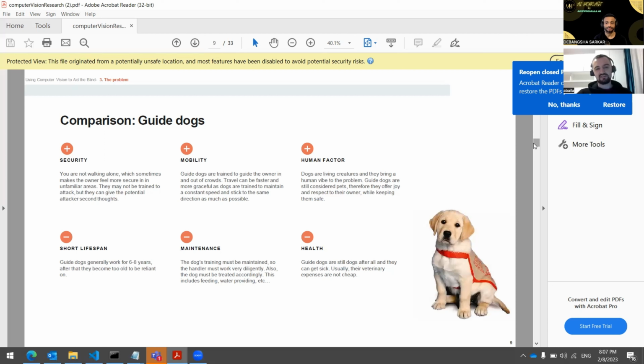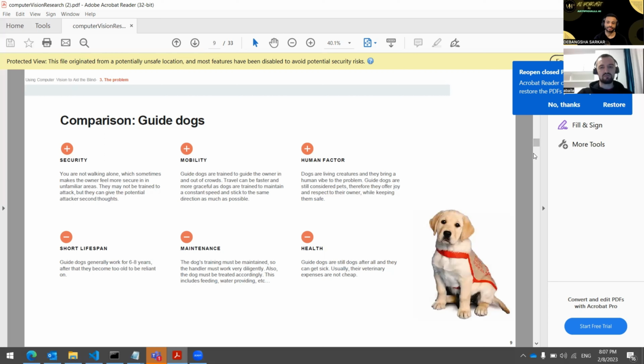Maintenance, as funny as it sounds, dogs must be continuously trained, and they must be handled very diligently. And also there's the guide dog health. After all, guide dogs are still dogs, and they are very sensitive to diseases, and they can get sick sometimes, which can make them unreliable for a certain period of time.